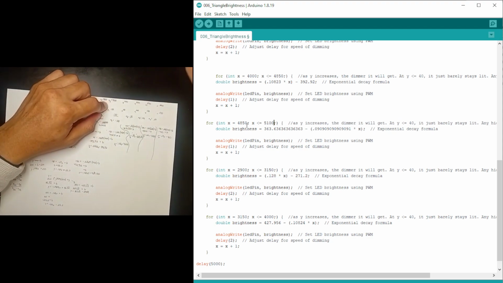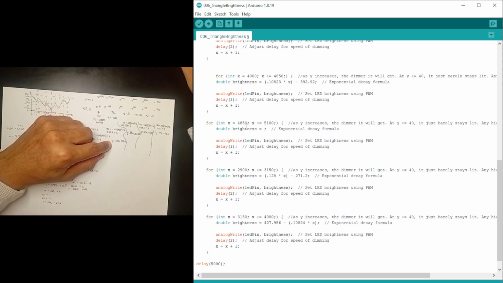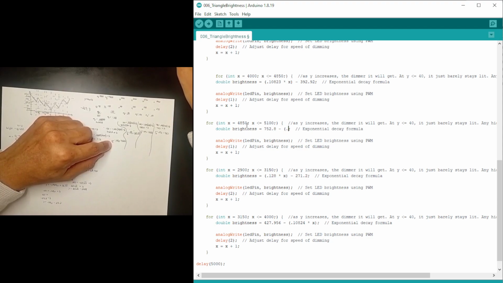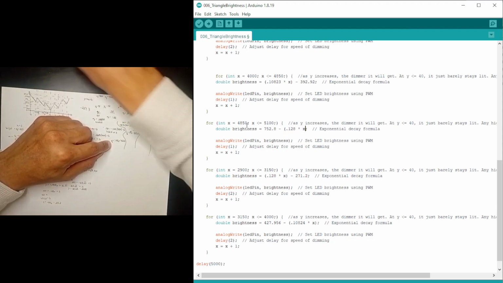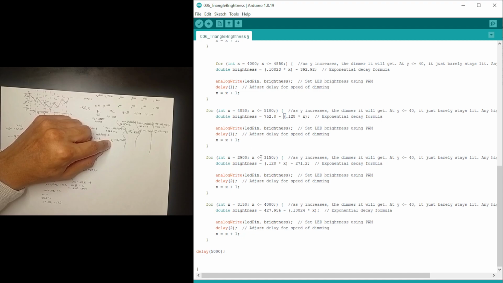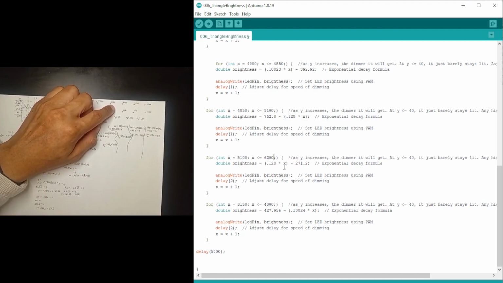To 51. So 52.8 minus 0.128 times x to 6200.